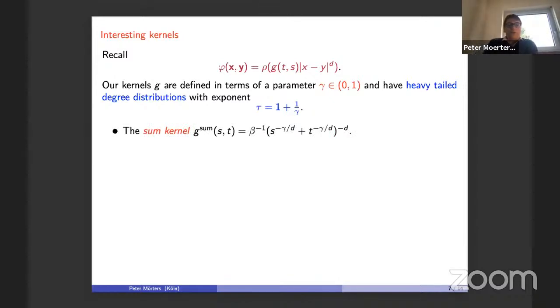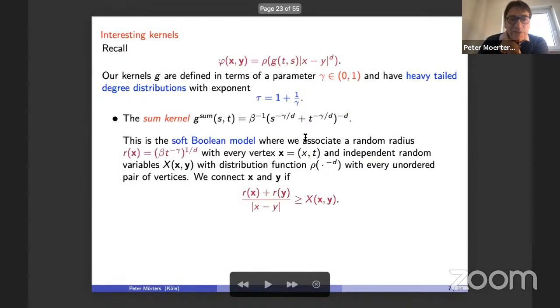Now the examples, the crucial thing. The first kernel that we're interested in is the sum kernel, and here is the formula. The idea of the sum kernel is that these s to the minus gamma over d, up to a constant, are the radii.